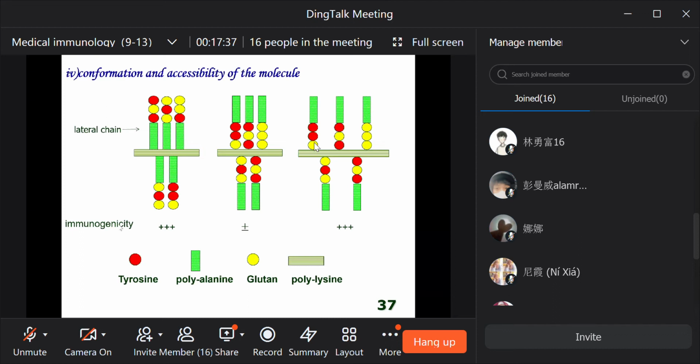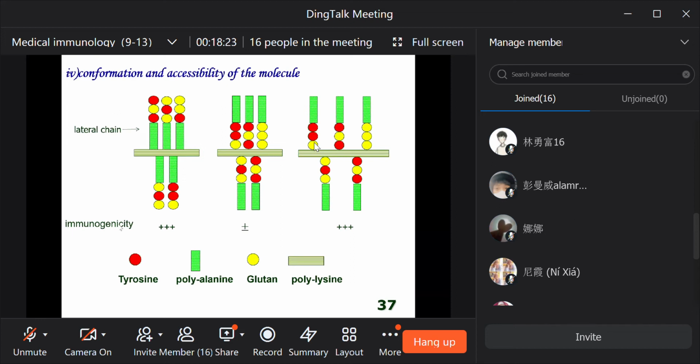The left substance will induce very strong immunogenicity, and the middle one hardly induces a response, because the immune system can hardly get the special structure from the middle substance, because the epitope of the middle is hiding inside.